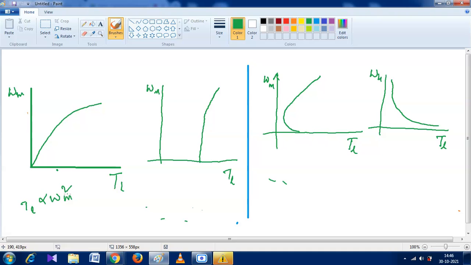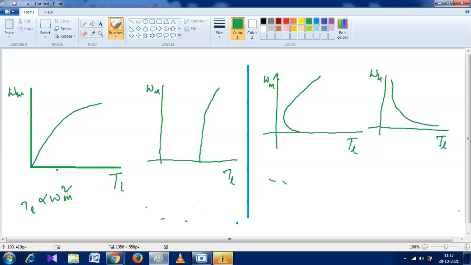Where have we actually seen this type of curve? This is in case of fan type load, or say centrifugal pump or compressor, and in case of a normal fan you can see this type of load torque, where the load torque is proportional to the square of the speed.